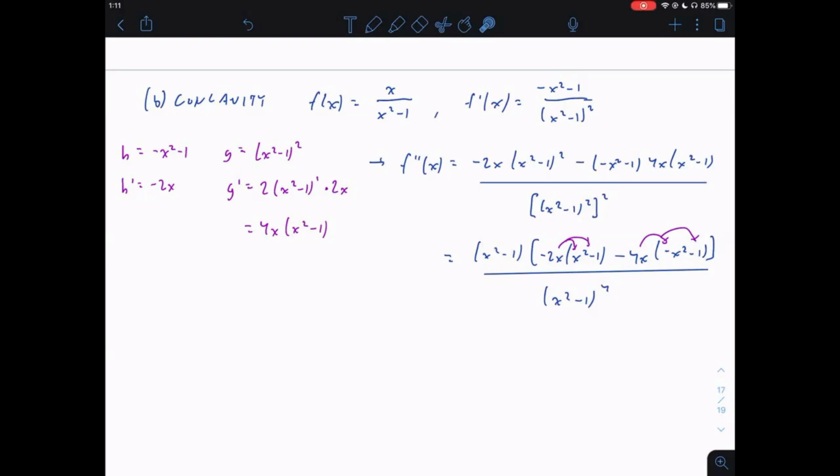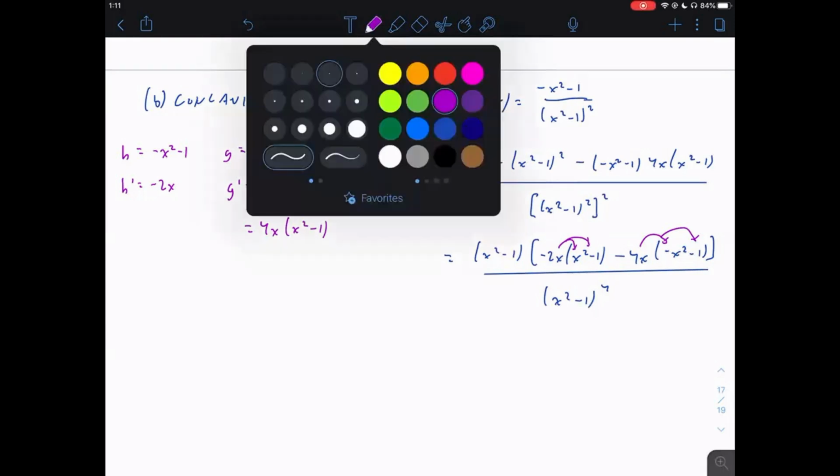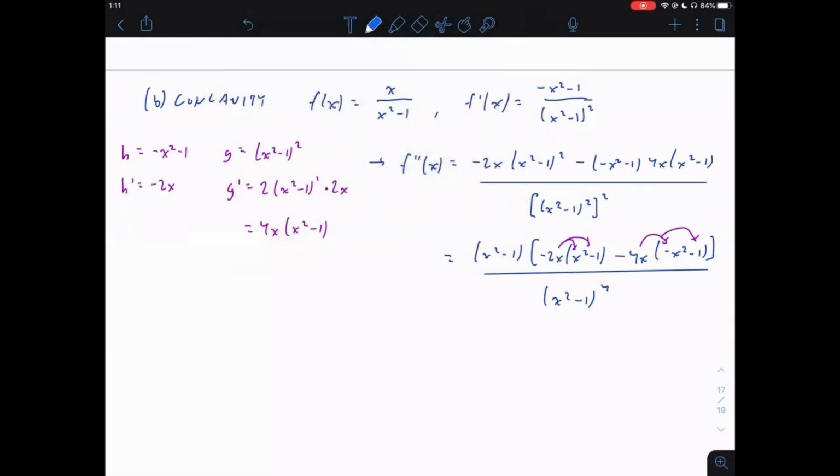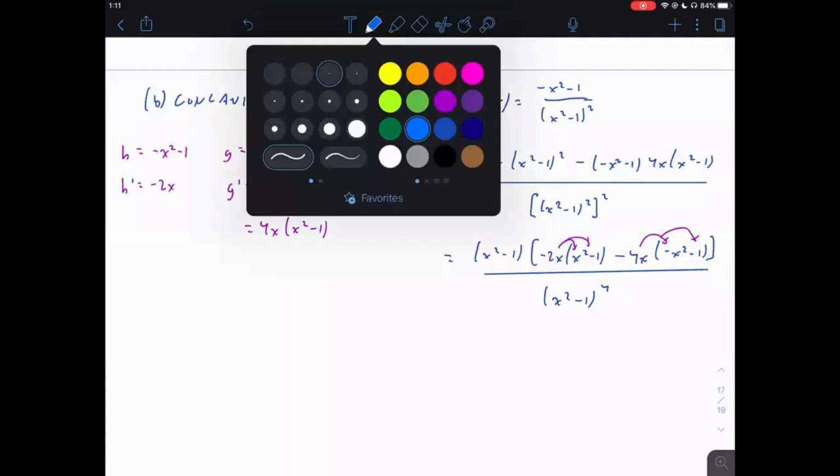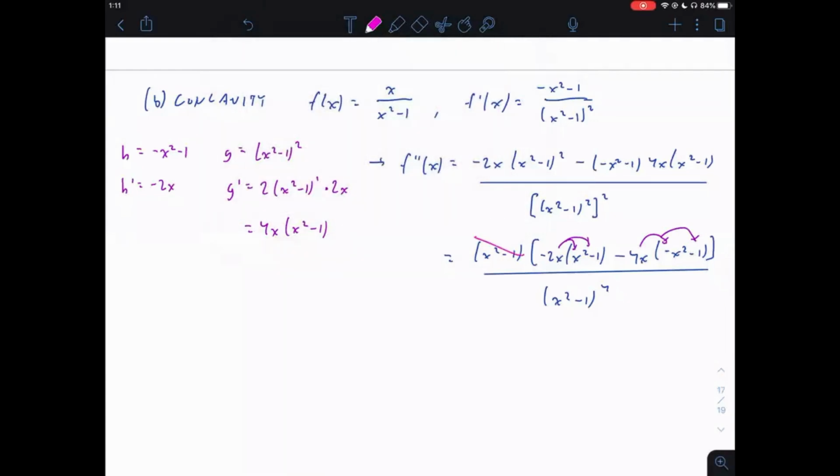Notice that we have a common factor in the numerator of x squared minus 1. So what can we do? Well, we can cancel this x squared minus 1 with one factor from the denominator, making the denominator now x squared minus 1 to the 3rd power.